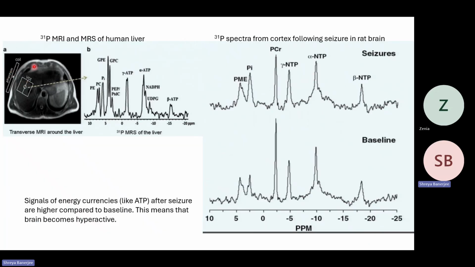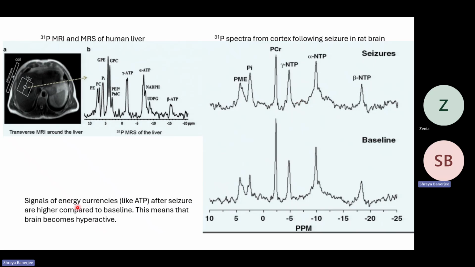So here an example is shown of 31P MRI and MRS of human liver. MRS is basically giving this one-dimensional spectra, and it is showing different metabolites like ATP, NADPH, and so on. If this was the baseline MRS, this is after a seizure.